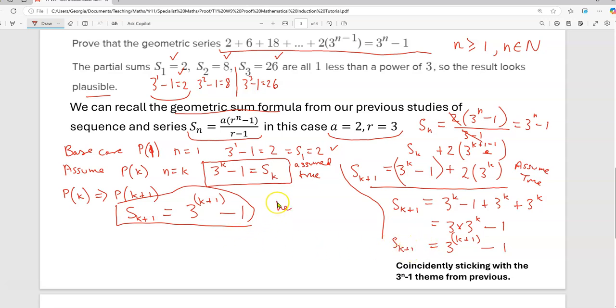So hence, by mathematical induction, assuming the proposition is true, we were able to show that it was also true for the next integer or next natural number.